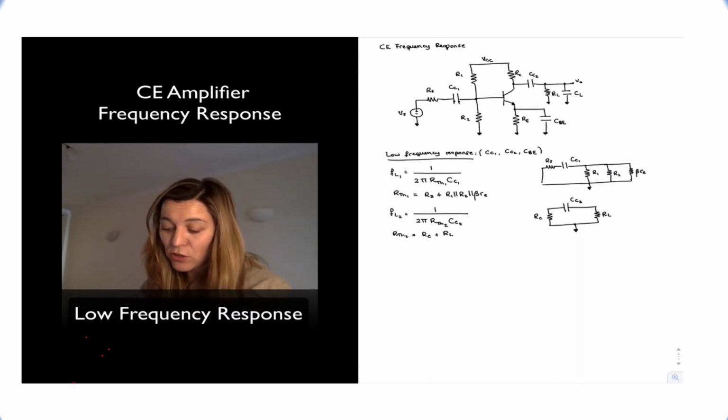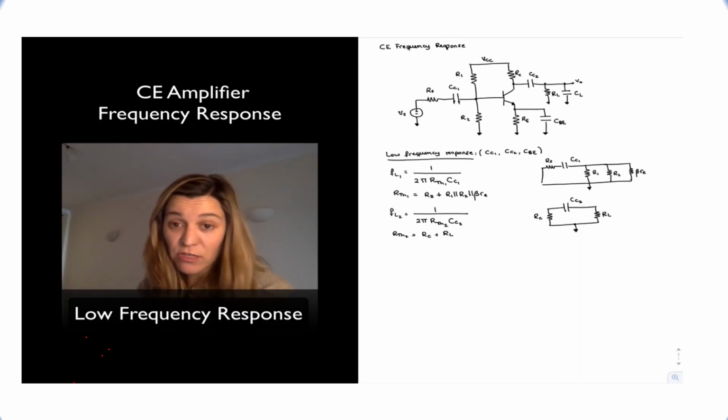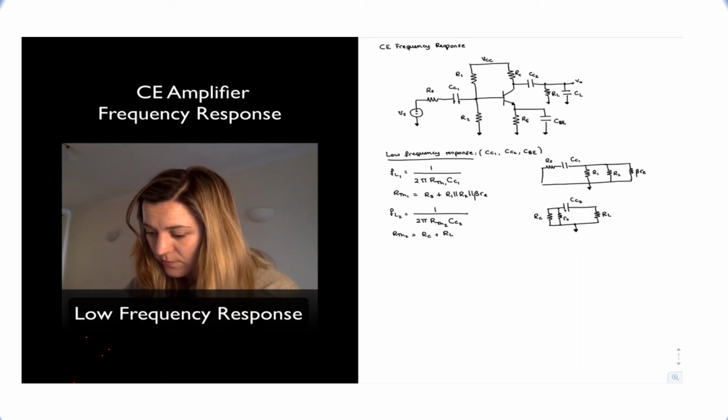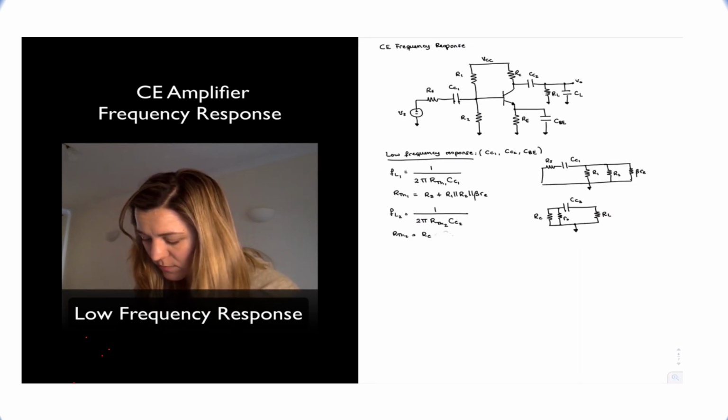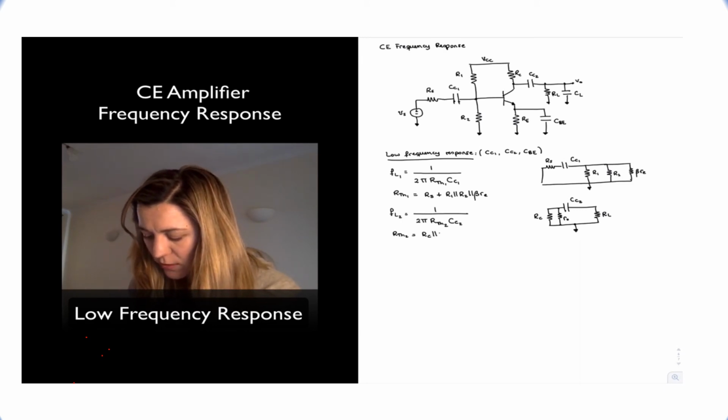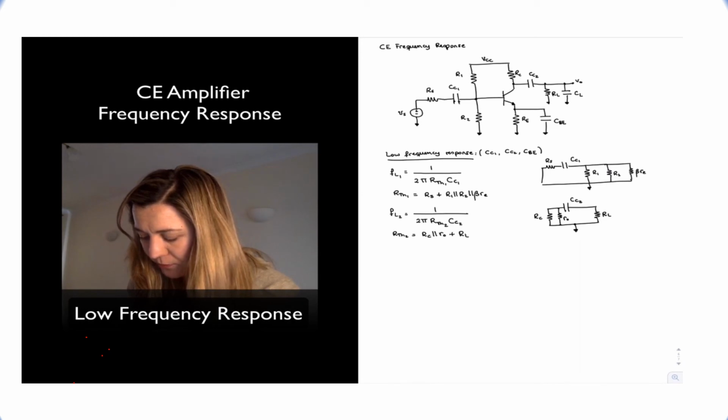And actually, I have not considered the output resistance of the transistor, but I could, and that will just be in parallel with RC. That will be little rho. So if the case is such that I cannot ignore little rho, I could write it that way.